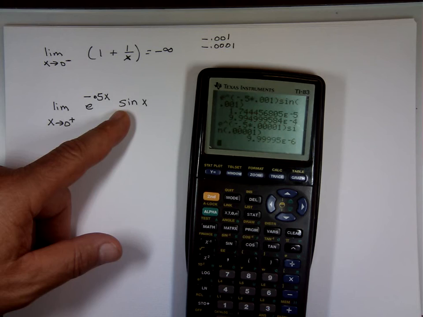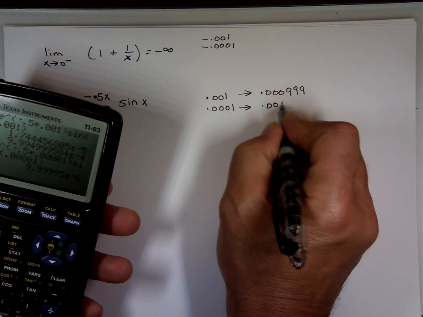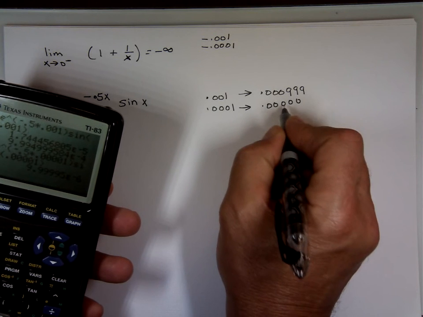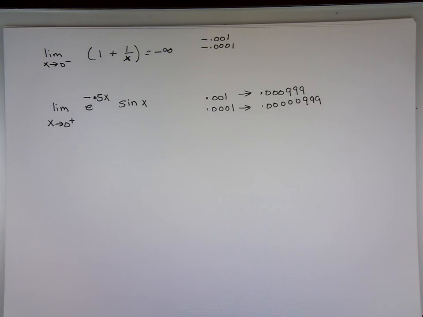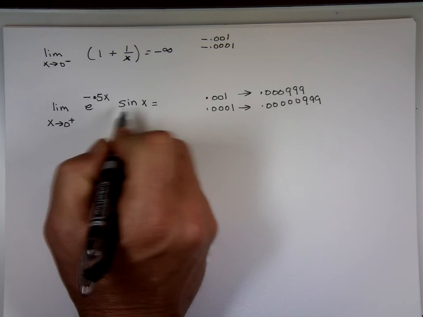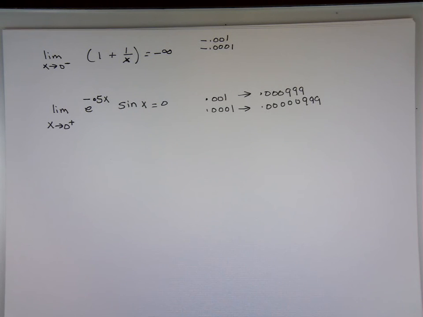And what do you have? 0.00001234599. Where do you see that number is going toward? Where is it going toward? 0. So that number is approaching 0 actually. Put in the 0, you get 0.